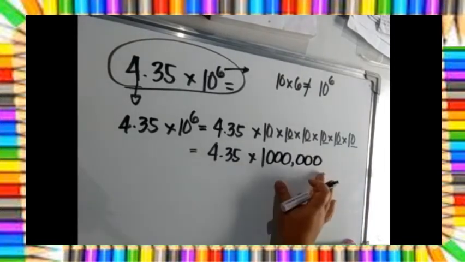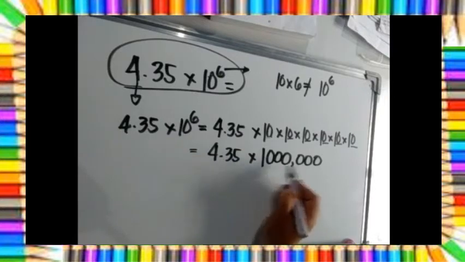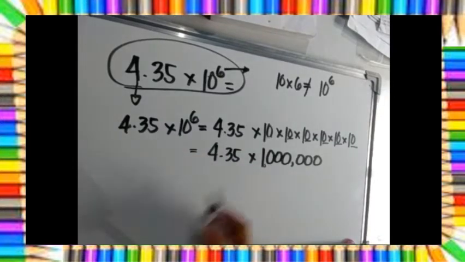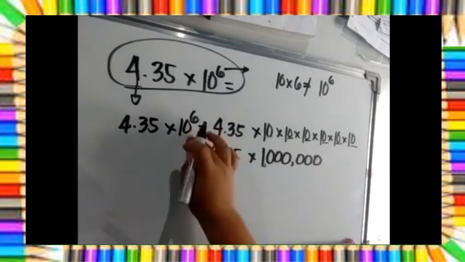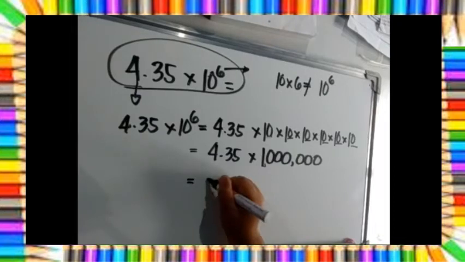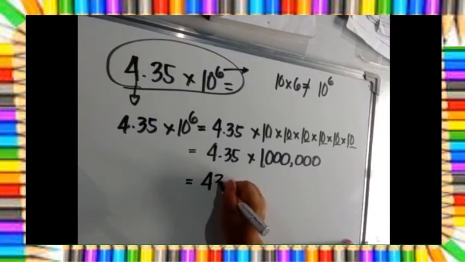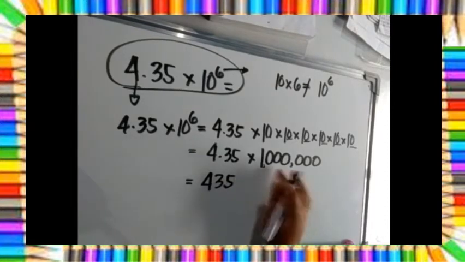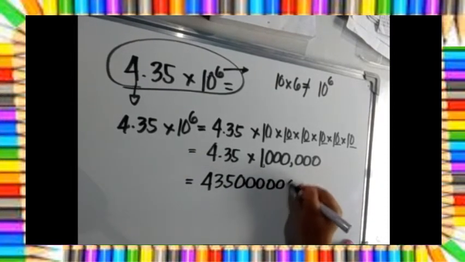Six zeros. So 10 to the power of 6 is equal to what? 1 million. Okay? 4.35 times 1 million, or times 10 to the power of 6, is equal to 4, 3, 5, and then 6 zeros. 1, 2, 3, 4, 5, 6.